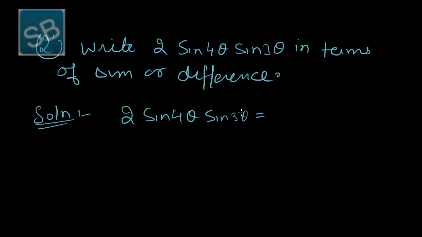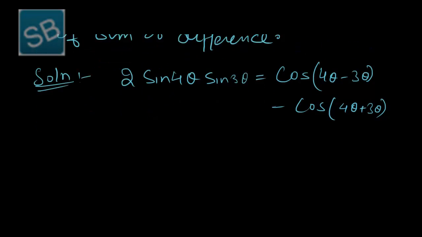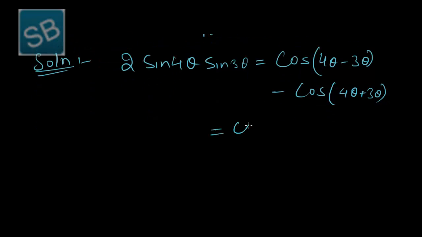Both are sine terms, and this will arise from the cos formula: cos(A minus B), that is 4 theta minus 3 theta, minus cos(A plus B). So we get cos theta minus cos 7 theta.